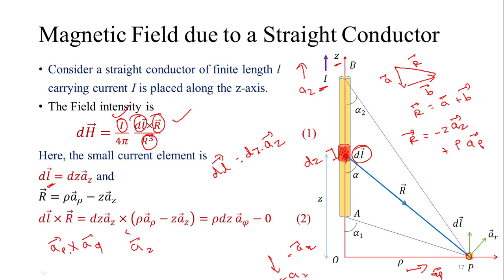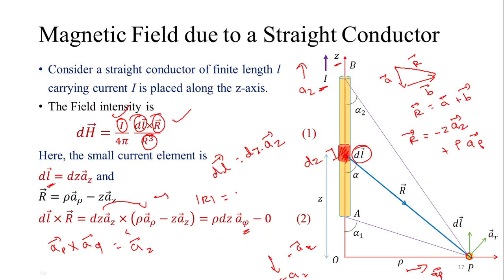If you take the cross product of a rho and a phi, you will get az. Similarly, az cross a rho will give a phi. So the first term will give rho dz, az cross a rho, that is a phi, and minus az cross az will be 0. So you will have dl cross r as rho dz a phi.